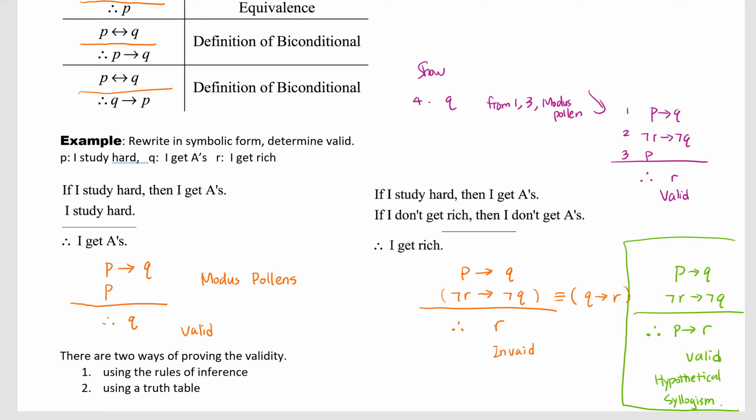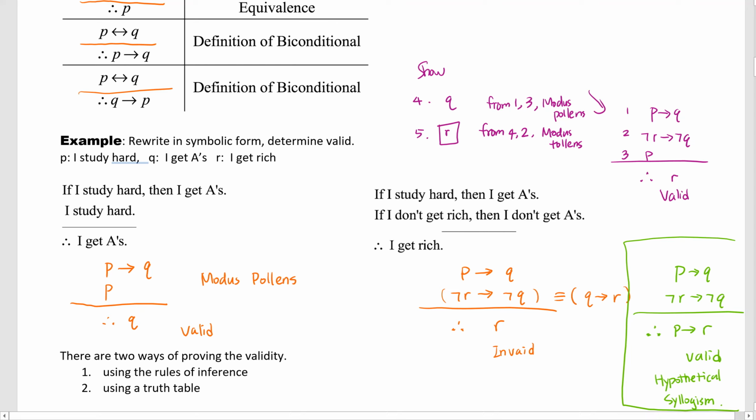And then from line number 4 and number 2, not R implies not Q, and we have Q. Because not R implies not Q, the contrapositive is Q implies R. And Q is true, so R is true. This is modus ponens. Therefore we get our conclusion R. So now we have shown why this statement is valid.